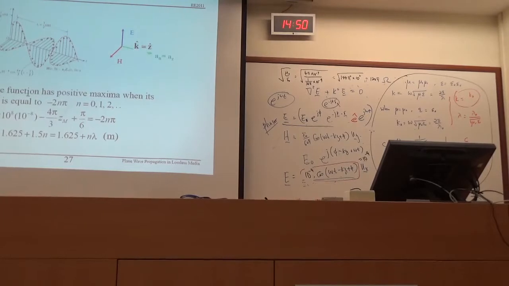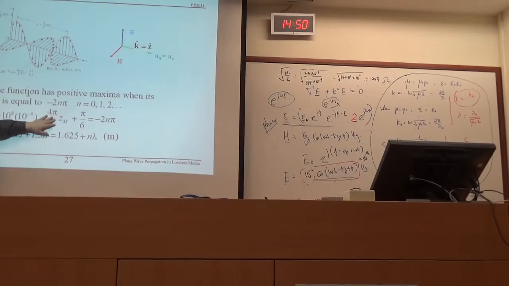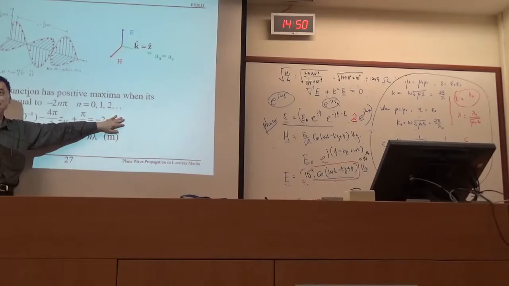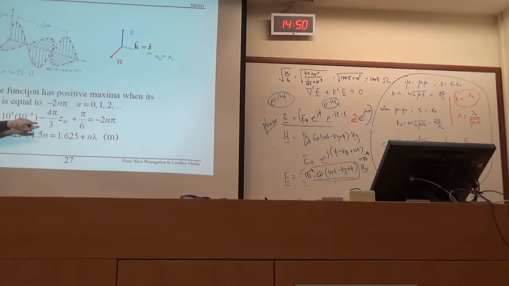Because basically you see from here. If this is positive, Z is here, they want to find the position Z. You move this over here, it becomes negative.